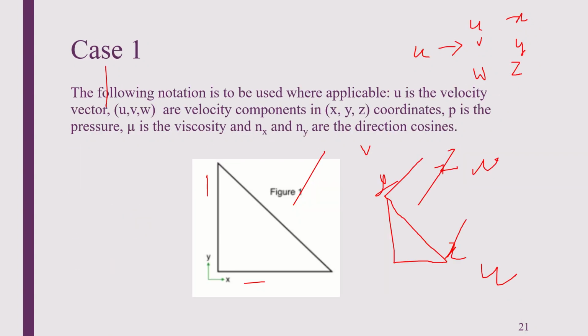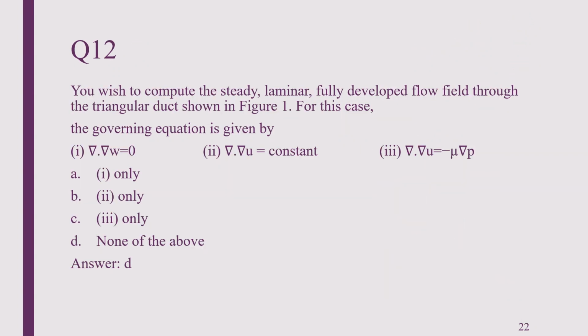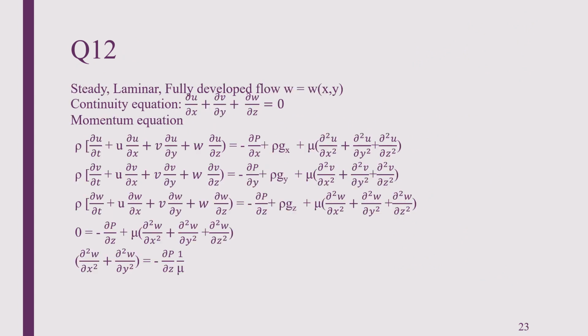The flow is steady state, fully developed flow through this triangular duct, and it is laminar flow. So first, it is steady laminar fully developed flow. We have W, the only velocity that remains, where W is a function of x and y.